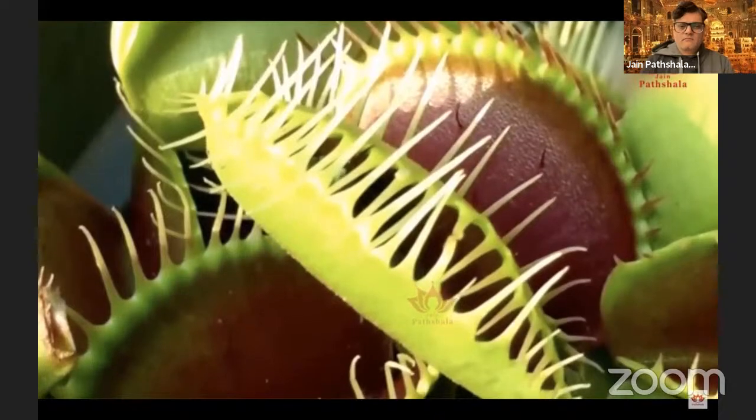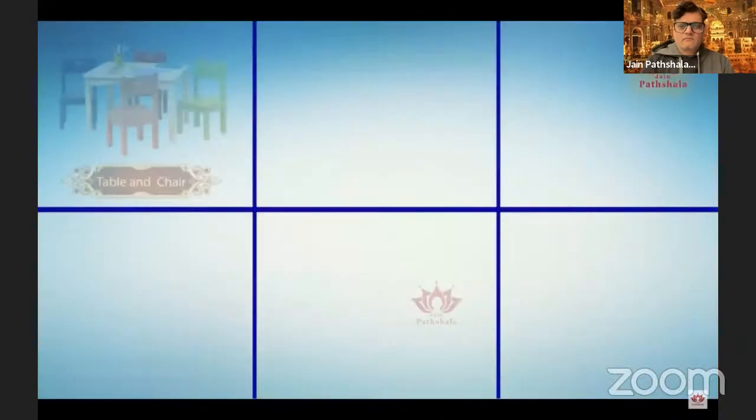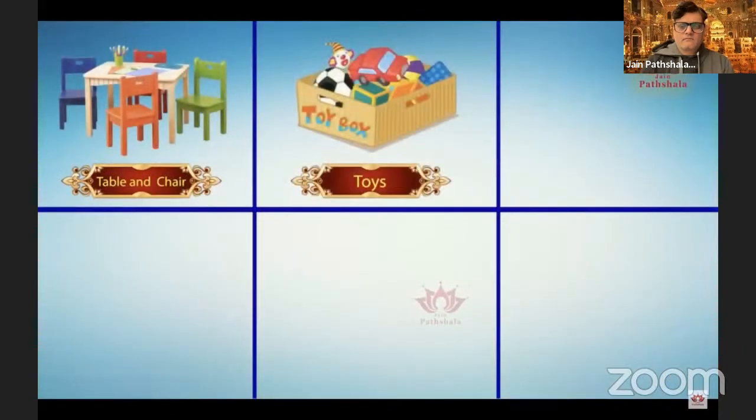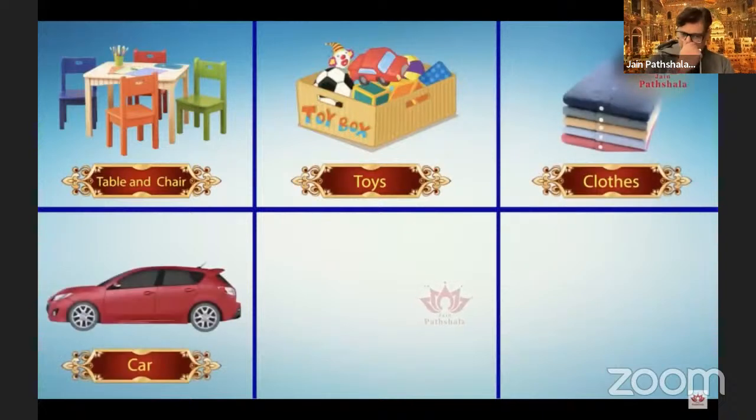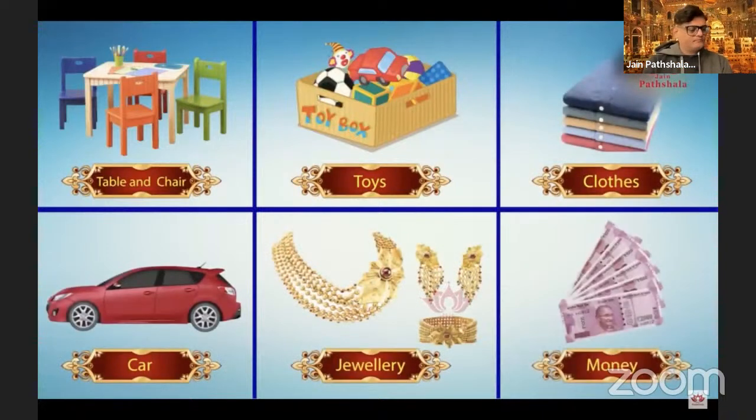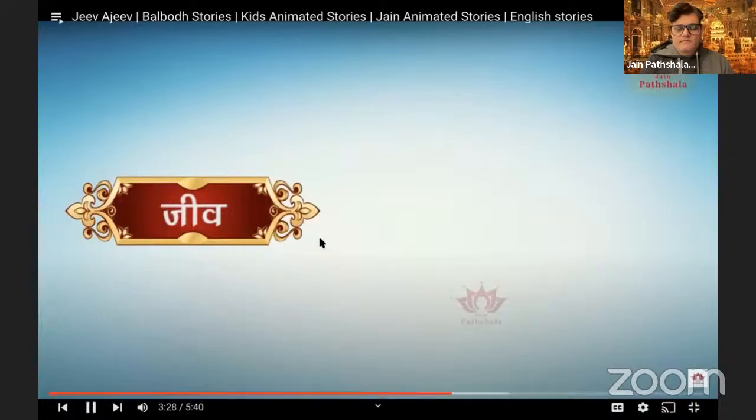And what about tables, chairs, toys, clothes, our car, our jewelry, our money. Kids, these are all non-living beings because neither can these things understand anything, nor can they experience the feeling of joy and sorrow. Okay, do you know even living beings are of two different types?